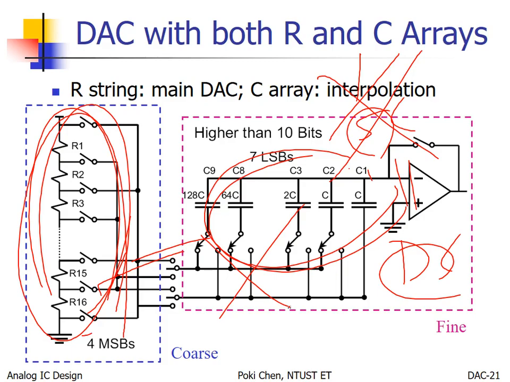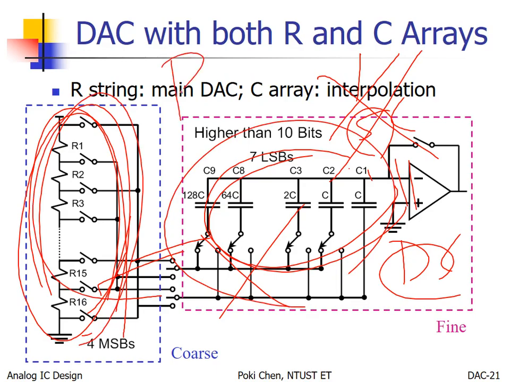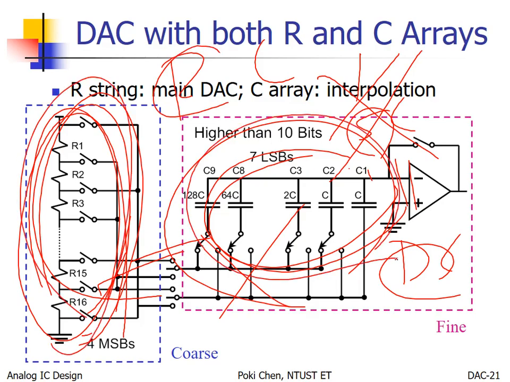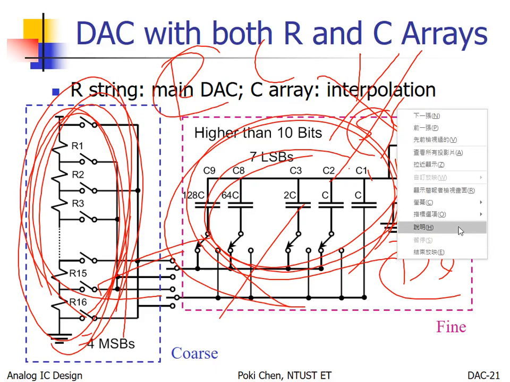But the price you need to pay is you need to wait a long enough time for all those charges, all those voltages, to stabilize according to RC. You have a resistor here, you have a capacitor there. How much time do you need to wait? You need to be very careful to calculate it.